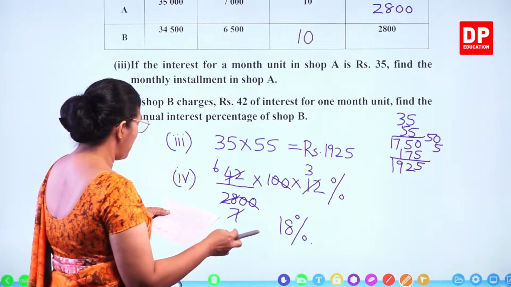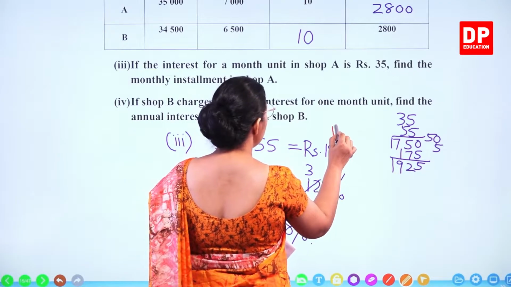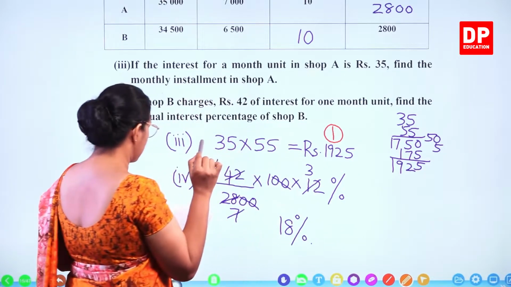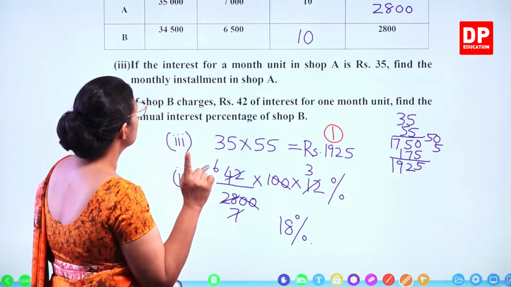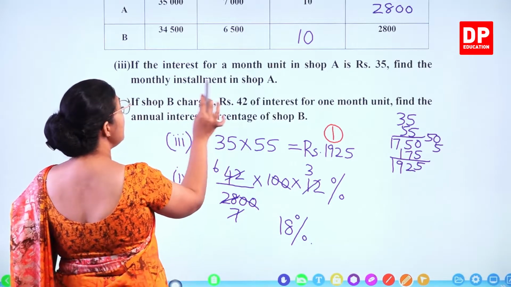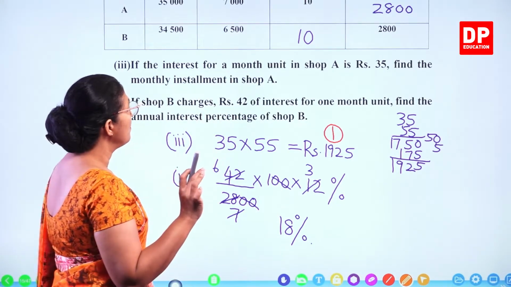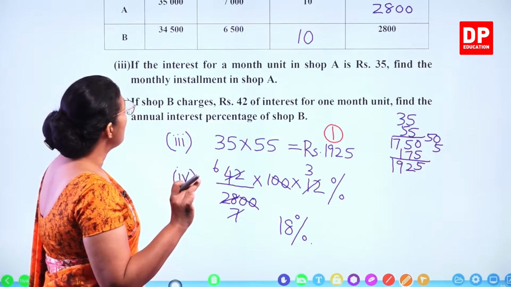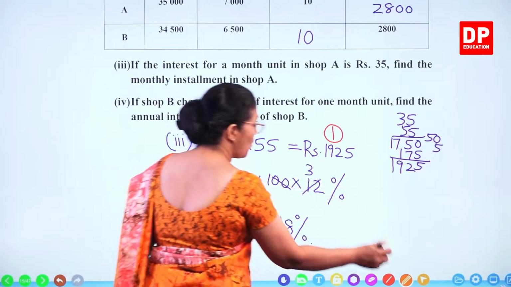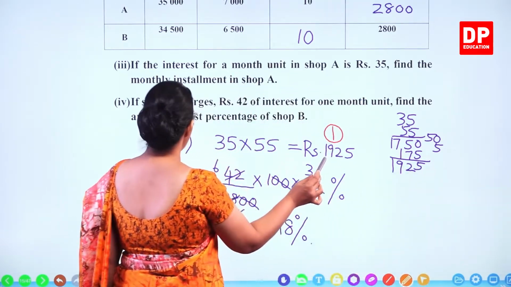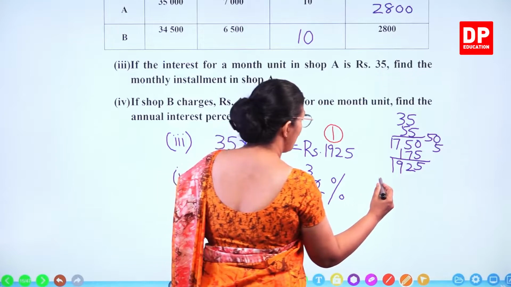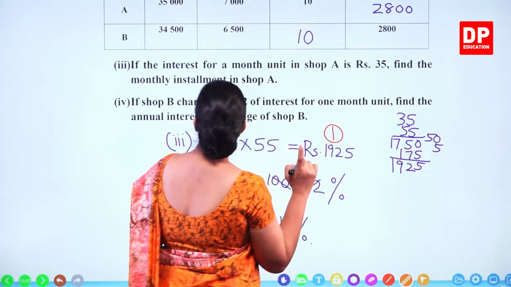1,925 we found here, that's the interest. We found the interest. But we have to find the total amount. Find the monthly installment in shop A, not only the interest. So what is the total amount? We didn't calculate that. So in part 3, we have to do that part as well.